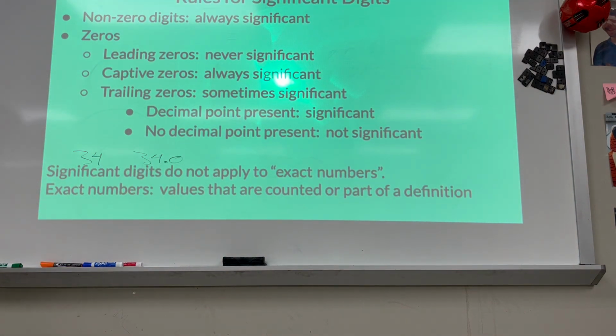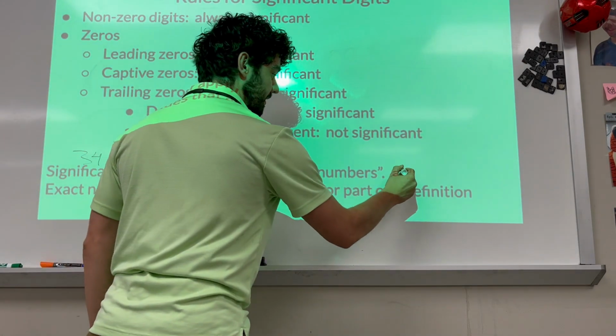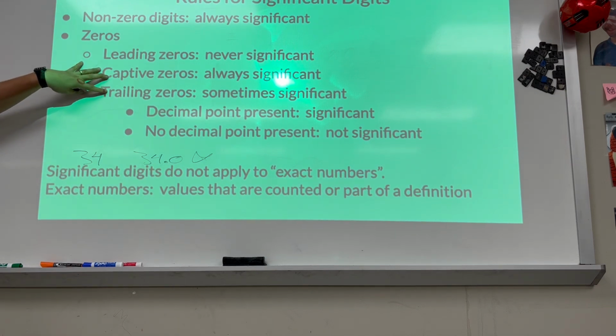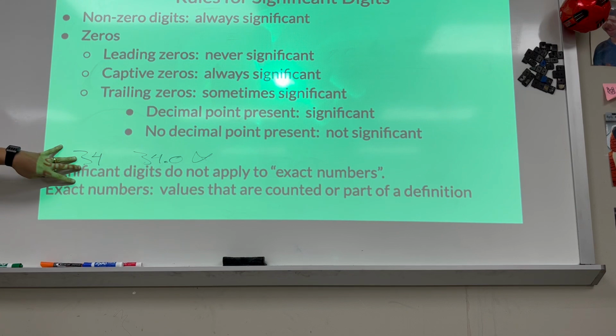That's the same thing. There's 34 desks. When it comes to counting things, I use an exact number, and what we say is you get infinite sig figs. I could do 34 desks or 34.00000. It doesn't matter. When I'm measuring something, I use significant digits. When I'm counting something, I don't.